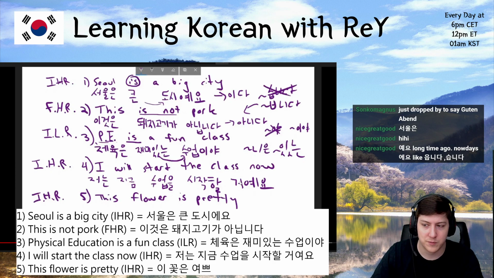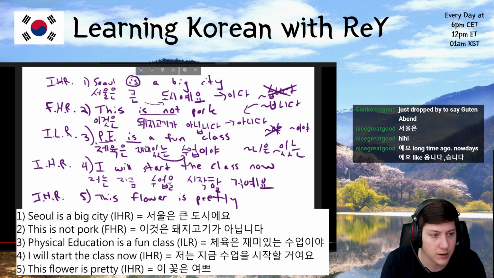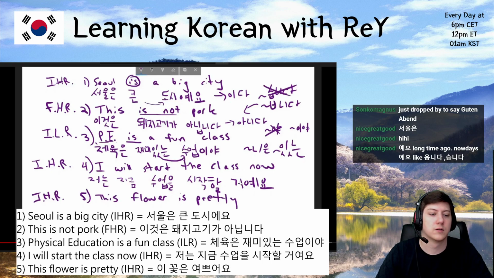So for verbs it would be ayo or oyo, depending on the last vowel. The last vowel is an o here. So we would need oyo. So I will just write it down. Oyo, okay. Boyo.